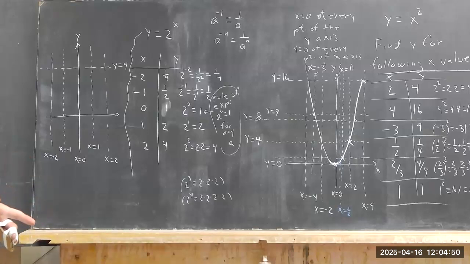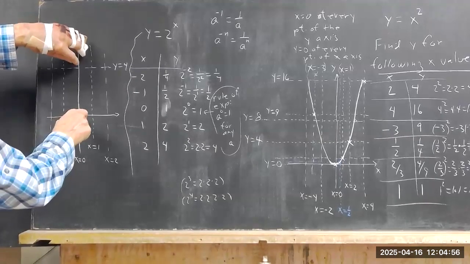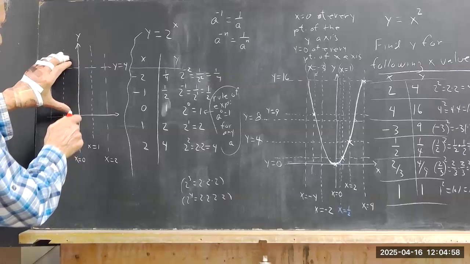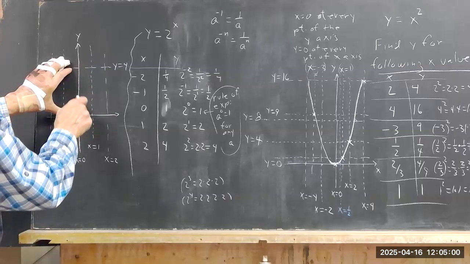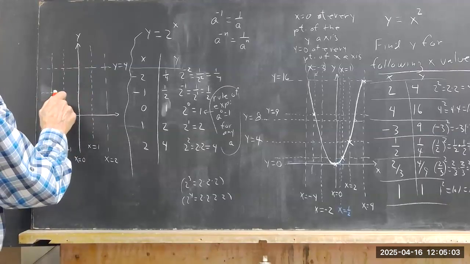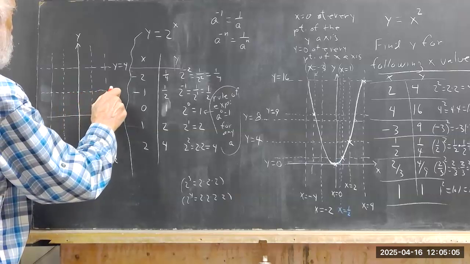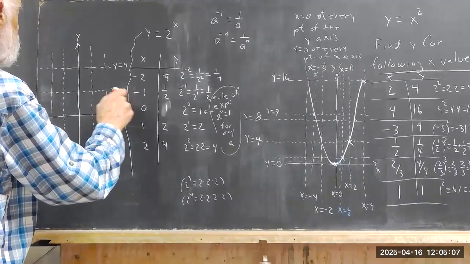Then, instead of trying to do y equals 1, 2, 3, and 4, it's easy to cut 4 in half, go halfway between here and here, and draw the line y equals 2.